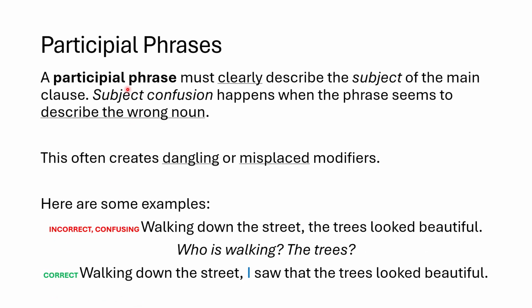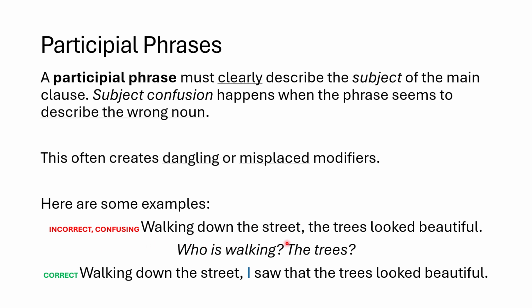A participial phrase must clearly describe the subject of the main clause. Subject confusion happens when the phrase seems to describe the wrong noun. This often creates dangling or misplaced modifiers. Here are some examples. This sentence is incorrect and confusing.